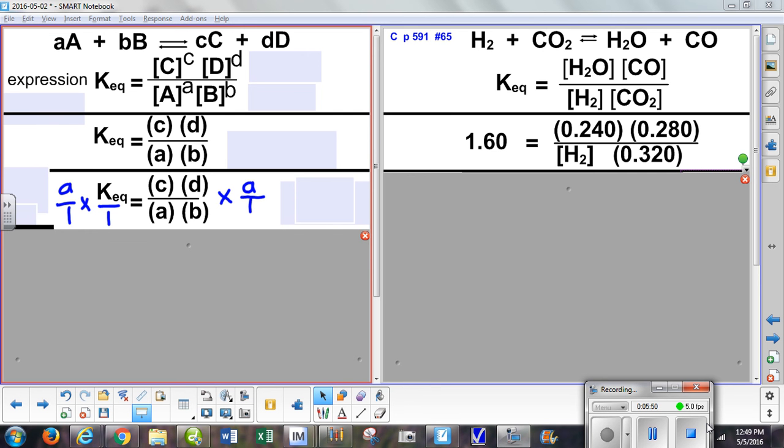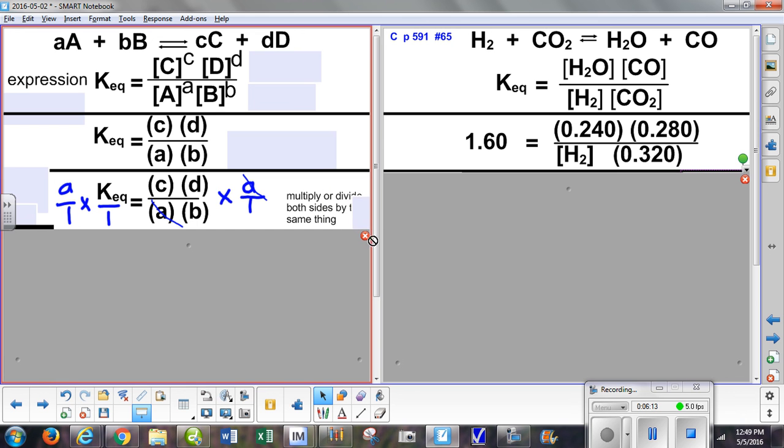Now what we're going to do is cross out whatever we can. And this A over here is going to go, which crosses out this. And now we have A in terms of the equilibrium constant there on the left side. And we can then do a second series of numbers.